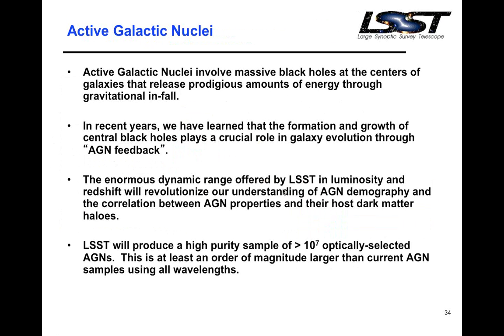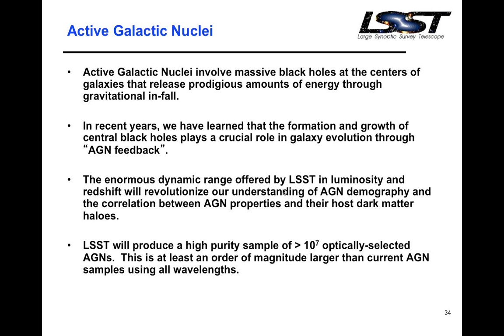Okay, moving to AGNs. As you know, AGNs involve massive black holes at the centers of galaxies that release enormous amounts of energy through gravitational infall. In recent years, we've learned that the formation and growth of these central black holes in AGN play a very important role in galaxy evolution through AGN feedback.